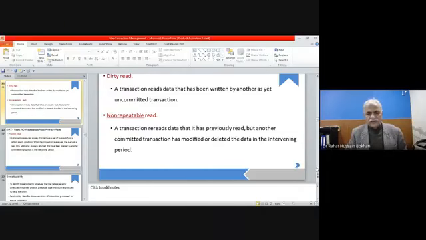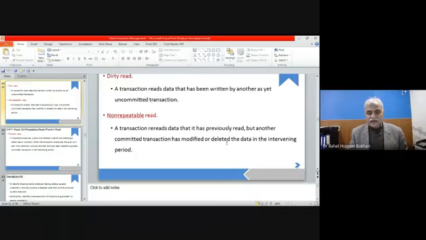A transaction rereads the data that it has previously read, but another committed transaction has modified or deleted the data in the intervening period. So this is another aspect. For example, at time t1, I read the data, but another committed transaction has modified it, might be at time t2, and again I reread the data at time t3.